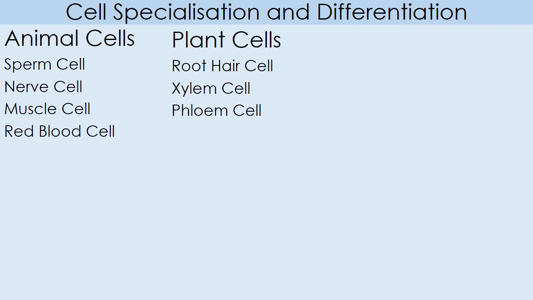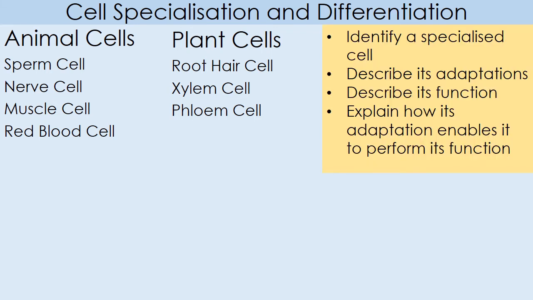Now they've got special sieve tubes between each cell, which helps filter things through. They've also got companion cells next to them, so they are mainly empty. They do contain their own nucleus, okay, but they are surrounded by cells that have lots of extra mitochondria and lots of extra ribosomes to make everything that the phloem needs.